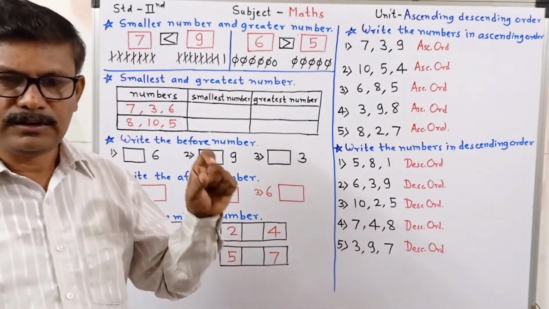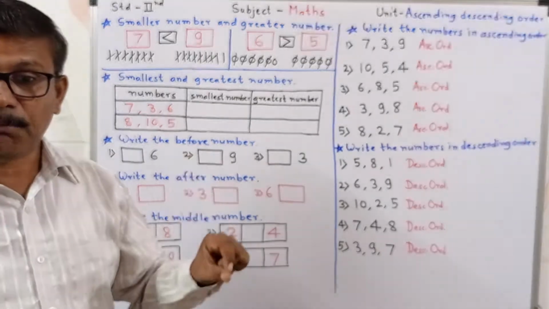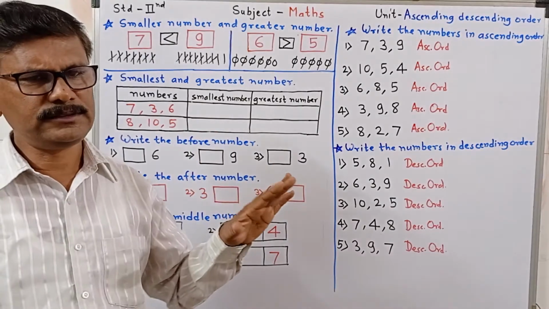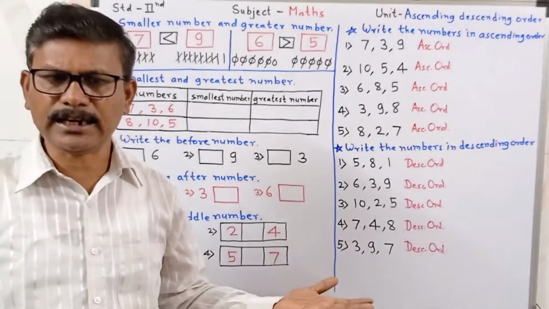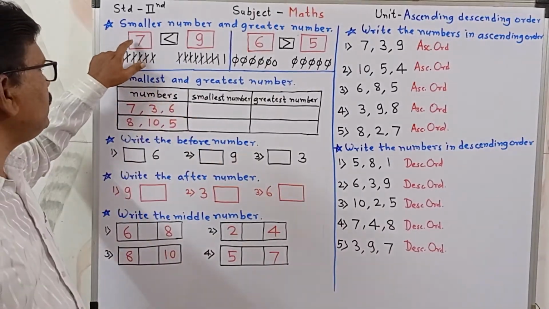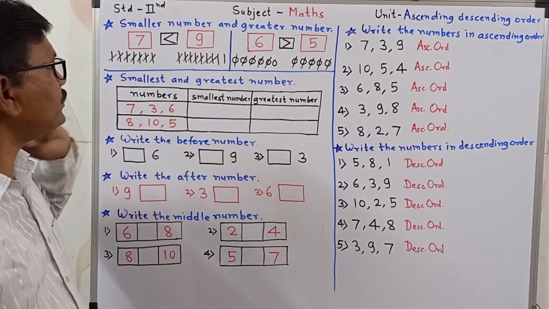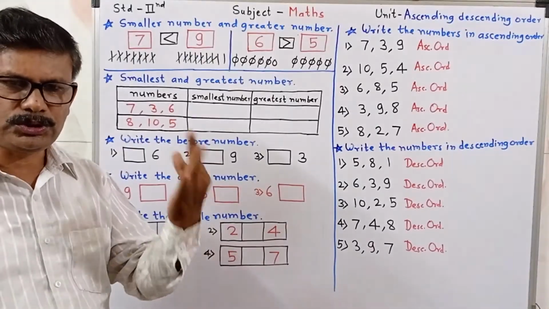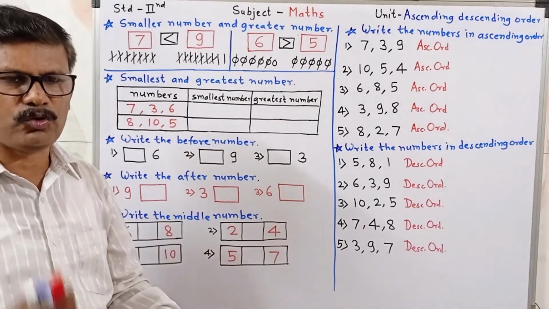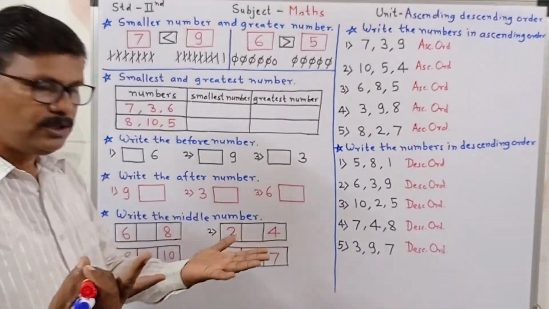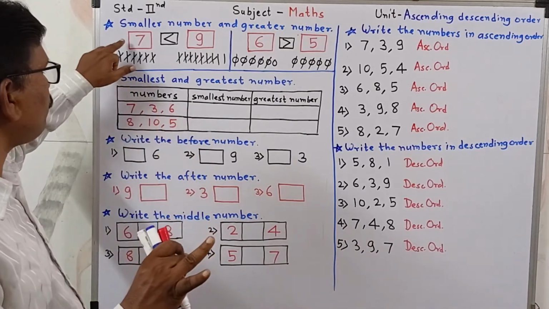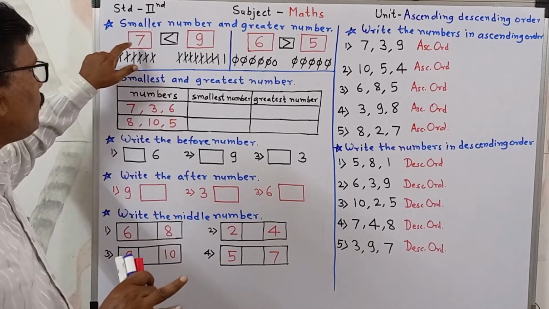The number which comes first is the smaller number and the remaining number is the greater number. So in 7 and 9, which is the smaller number? Count 1, 2, 3, 4, 5, 6, 7. Who came first? 7. So 7 is smaller.